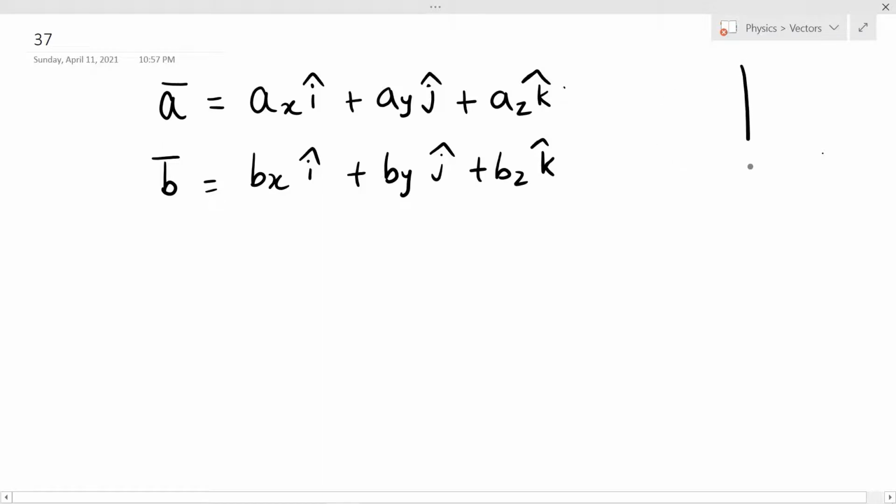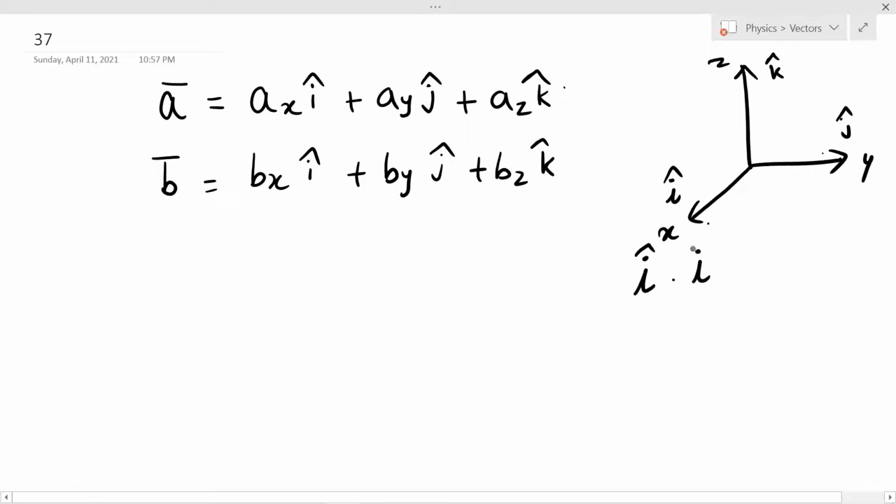But before that, let me calculate the dot product between the unit vectors. Let's say this is i cap, this is j cap and this is k cap. So this is along x direction, this is along y and this is along z direction. So let's calculate the dot product between i cap and i cap.